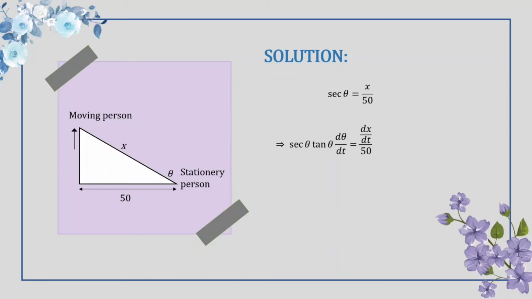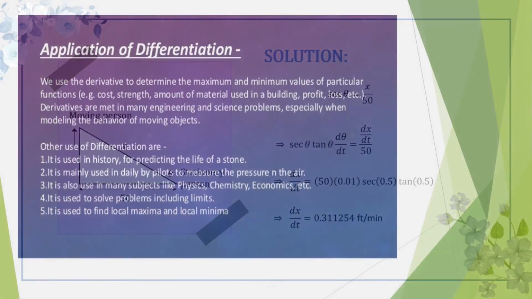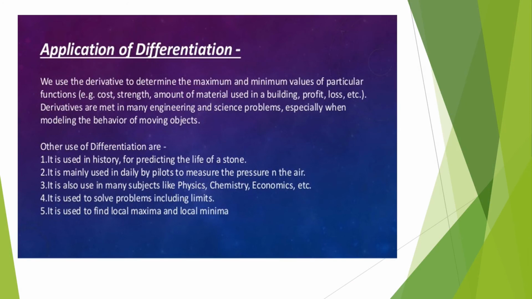So just plug in and solve, which would be dx over dt equals 50 times 0.01 times secant 0.5 times tan 0.5. Hence, the answer would be 0.311254 feet per minute.